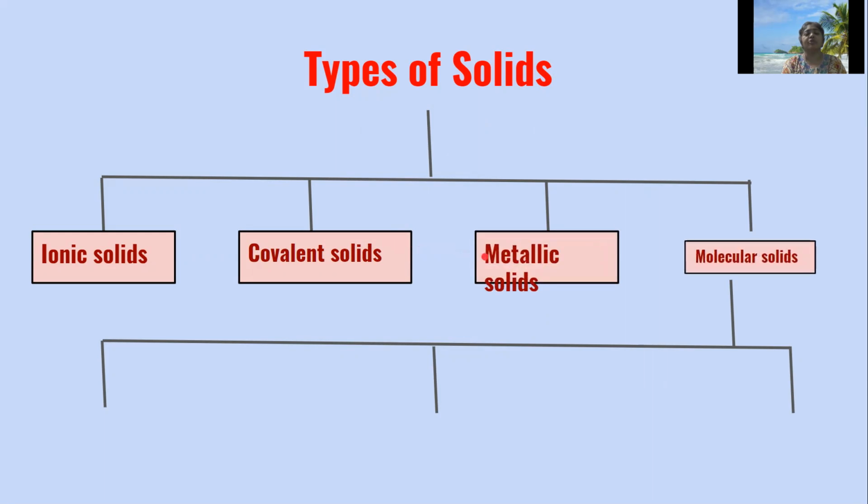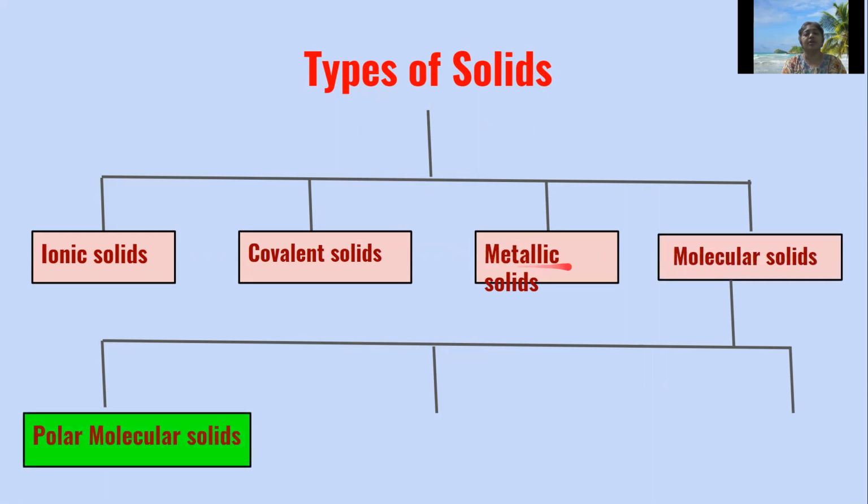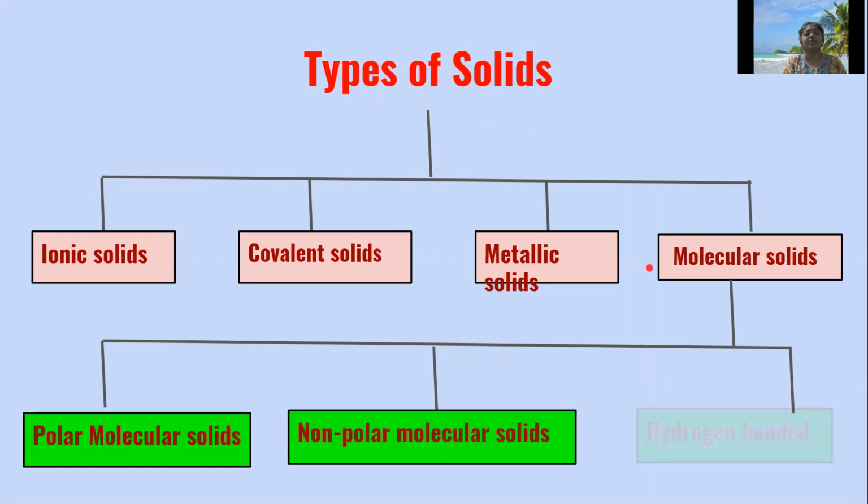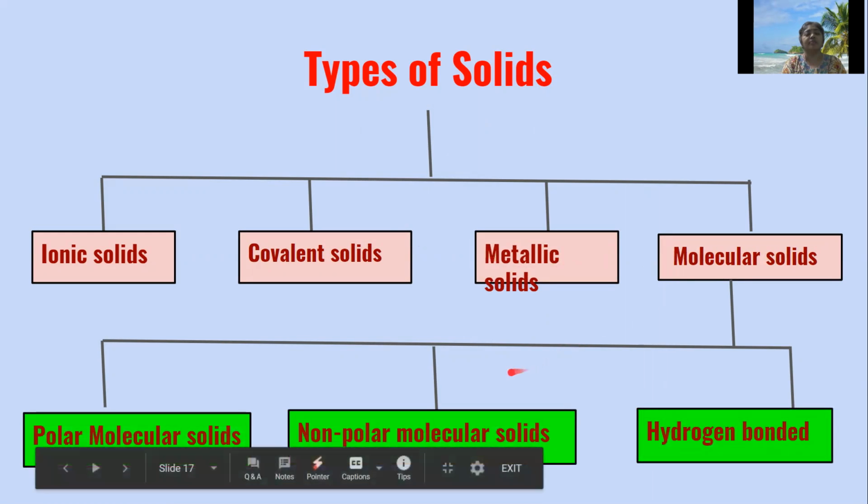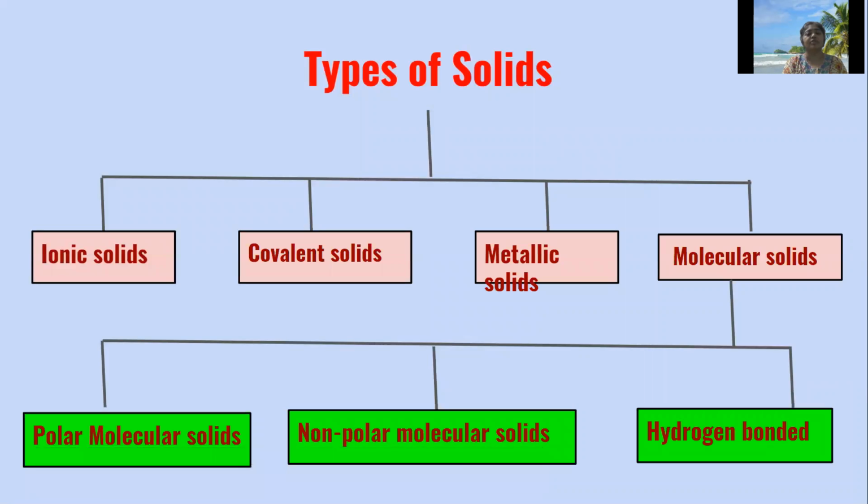Metallic solids, comprising the metal atoms, and the molecular solids, which are comprising the molecules. Now, these molecular solids are further categorized into three types. That is, you can have the polar molecular solids, the non-polar molecular solids, and the hydrogen bonded molecular solids. So in today's session, let us understand a bit about all these types of solids.